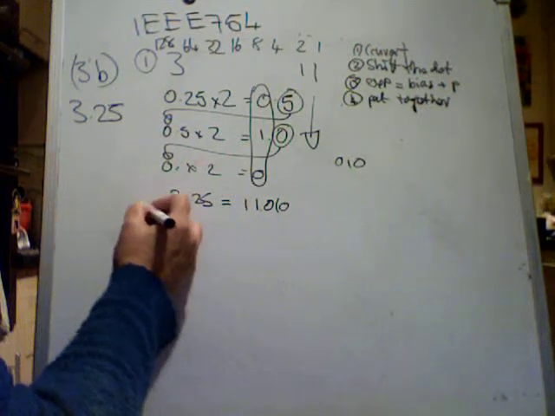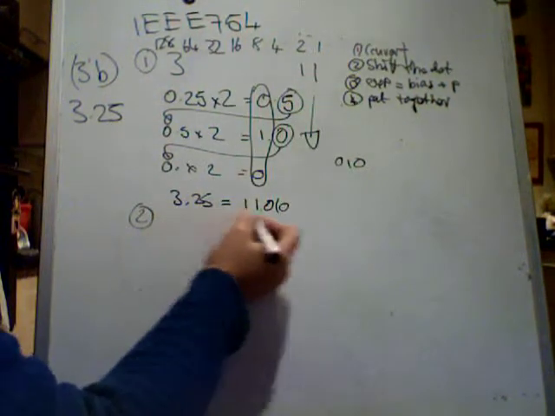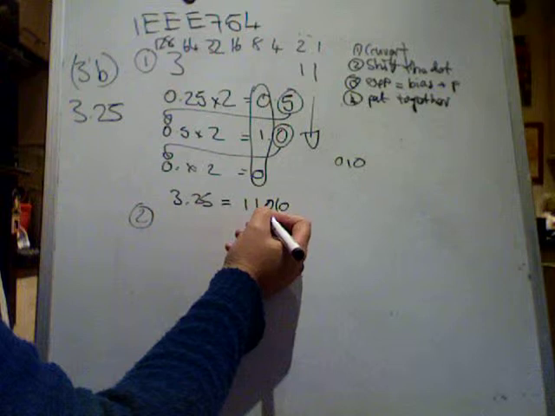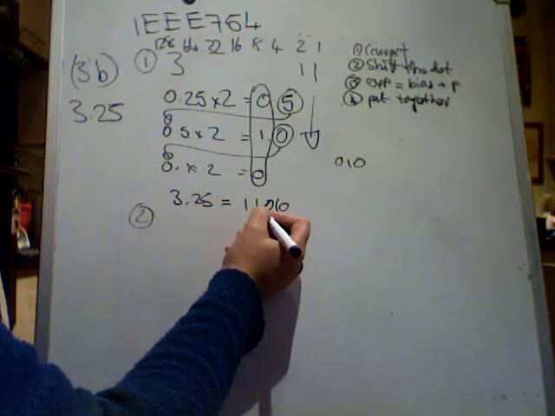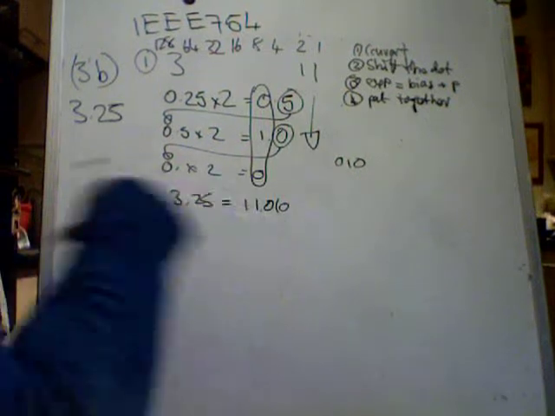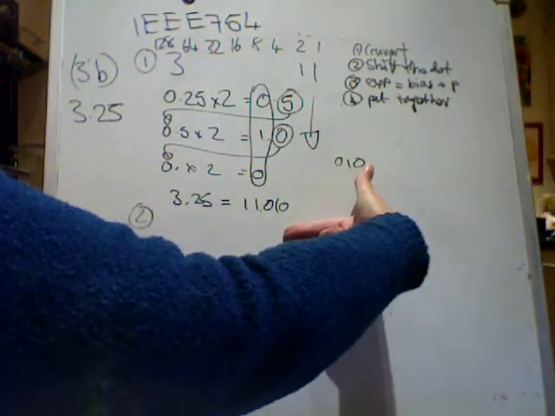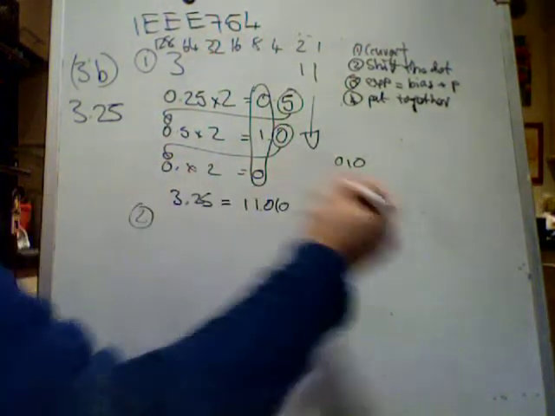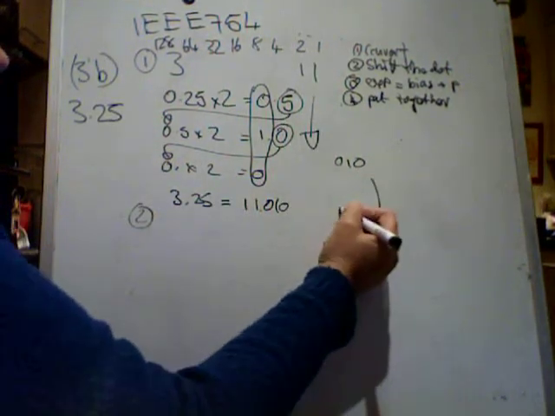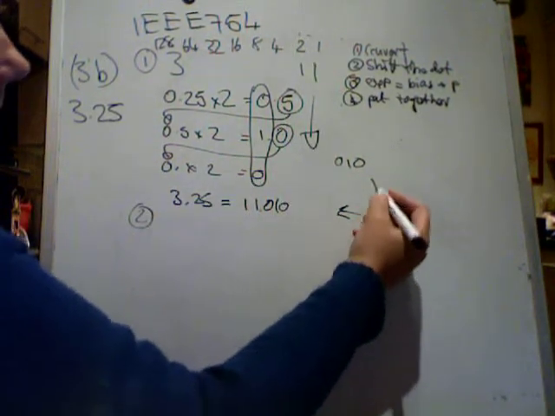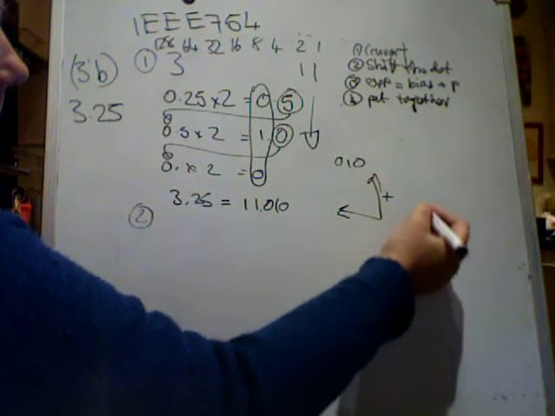Step number 2, shift the dot. We have to represent it in scientific notation. So shift the dot. We've already explained the right hand rule. If we move the dot to the left, the exponent goes up.